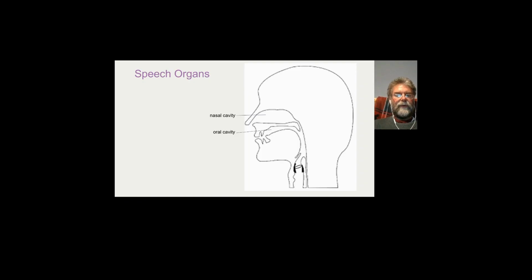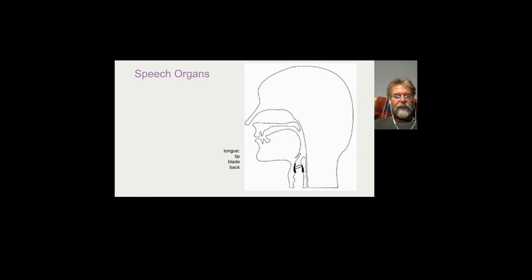One is through what we call the oral cavity, that is basically your mouth, and the other is your nasal cavity, where the air can travel out through this sort of hole in your head, more or less, and out through the nostrils. Okay, and in making language sounds, we make use of both of those to produce different sorts of sounds.